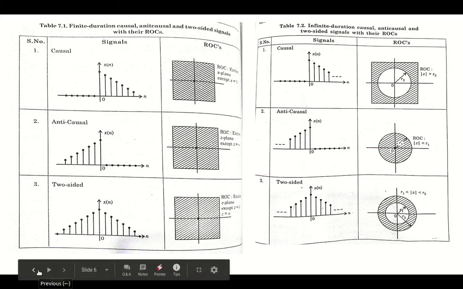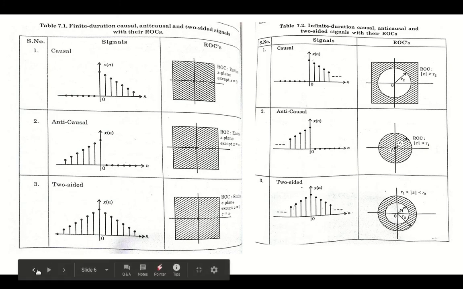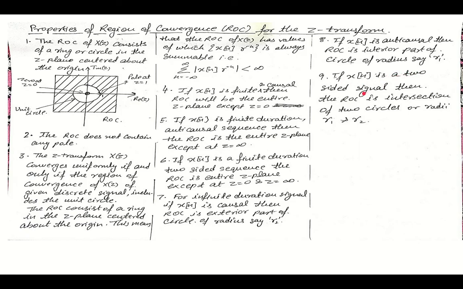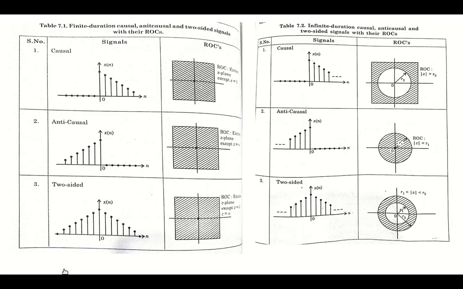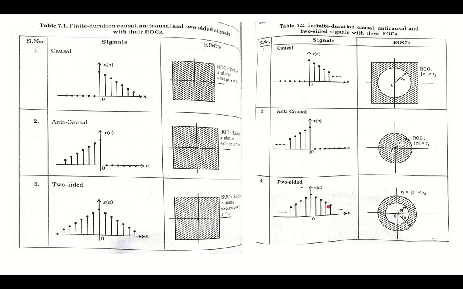Now the next signal will be the infinite duration two-sided sequence. In this, if x(n) is a two-sided signal, then the ROC is the intersection of the two circles of radii R1 and R2. If we check this on the diagram, my signal is two-sided, that is, it is on the left-hand side and right-hand side as well, and it is going to infinity on both sides.